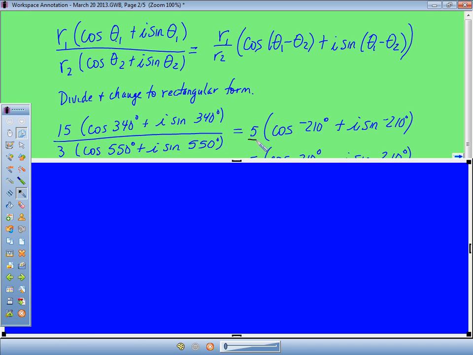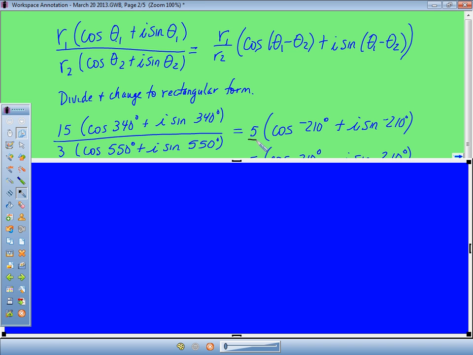They're never going to want negative angles in your answer, so if you get negative angles, you will have to get rid of them. And hopefully you remember that on your yellow identity sheet, right below the fundamentals, there are 3 little rules that tell you what to do with negatives. And it tells you that when cosine has a negative angle, we simply drop it and make it a positive angle, because cosine is an even function.